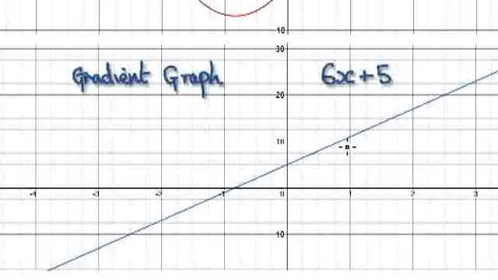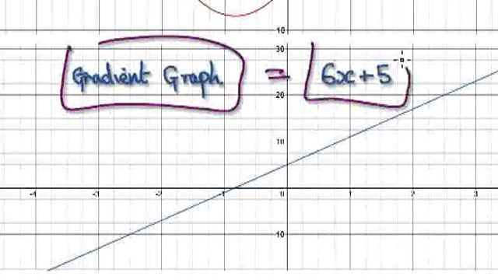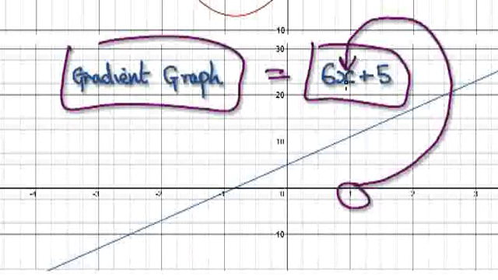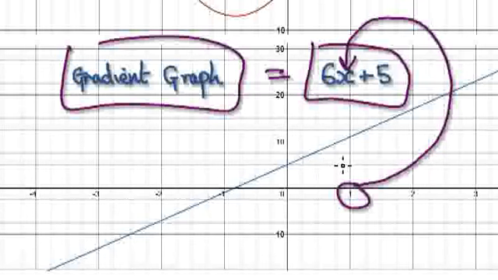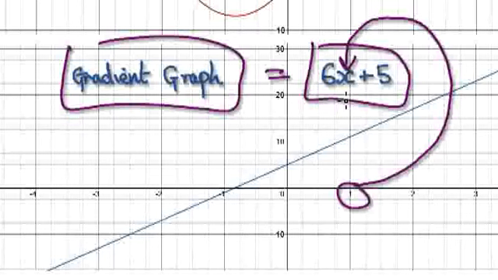The original question was find the gradient at x equals 1. At the moment you've got gradient equals this thing here. If you want to know the gradient at x equals 1, then put 1 into here. So it will be 6 times 1, which is 6, plus 5. The gradient at 1 will be positive 11.